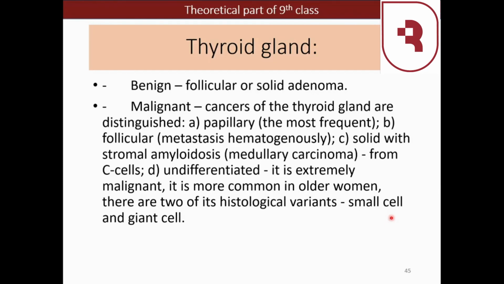And the undifferentiated one is an extremely malignant tumor. It is more common in older women. There are two of its histological variants. It may be small cell undifferentiated malignant thyroid carcinoma, and giant one.